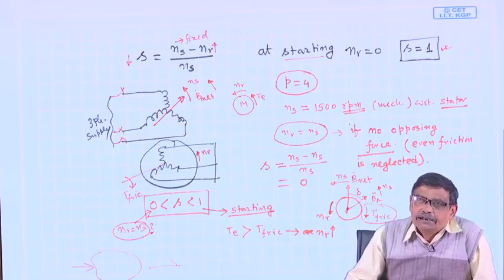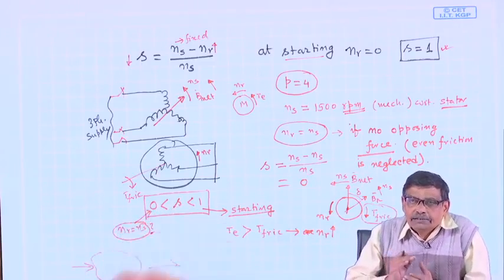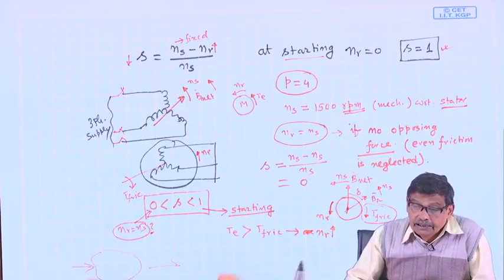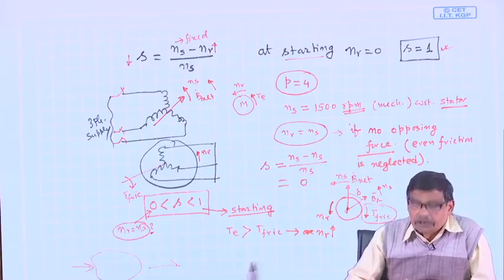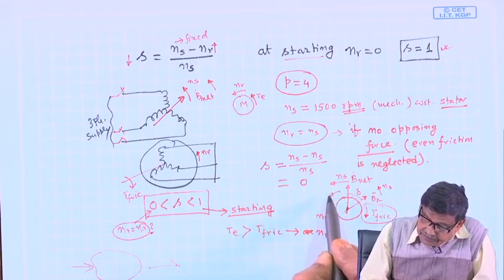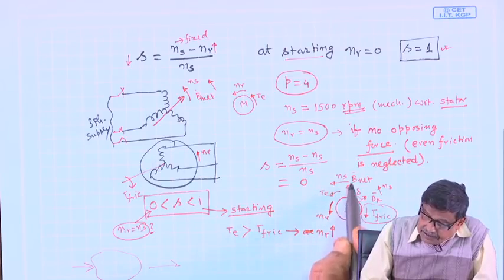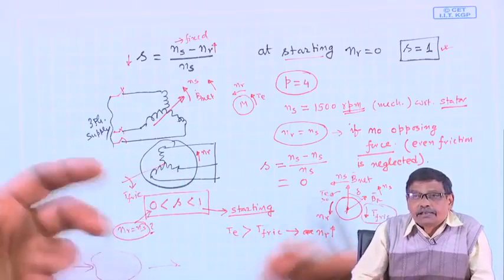Therefore, the electromagnetic torque which is accelerating it will decrease, but nonetheless it will accelerate so long as a positive torque Te is developed. Te is in this direction and that decides the direction of rotation. So long as this Te is greater than 0, it will go on accelerating.